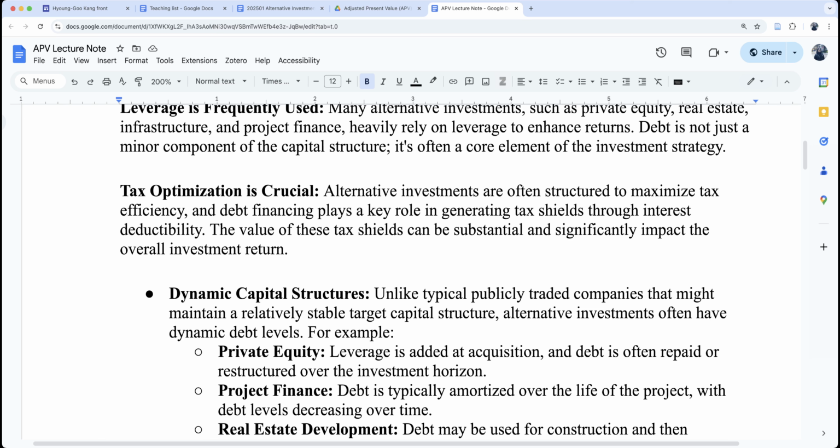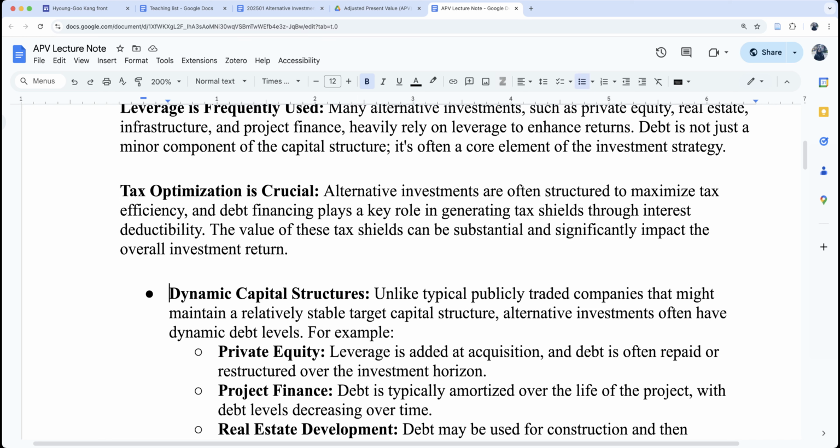The tax strategy is sometimes the very reason for doing an LBO or private equity deal. Some private equity deals are purely for this tax optimization. The value of this tax shield can be substantial and significantly impact the overall investment return.